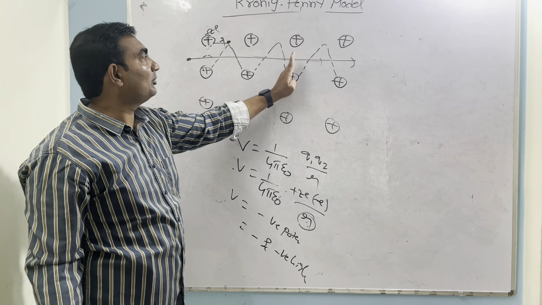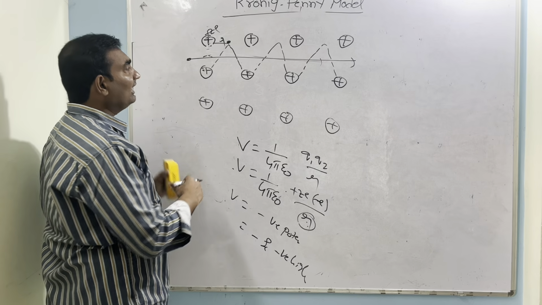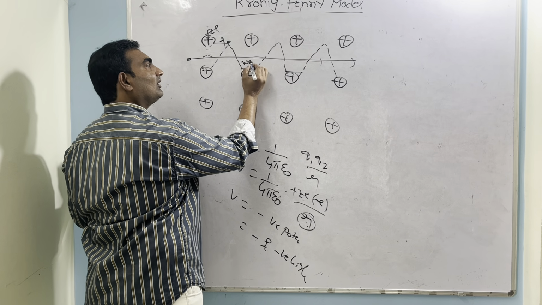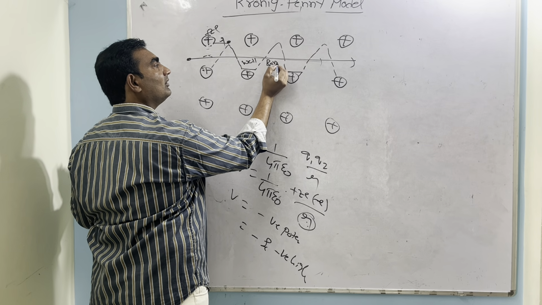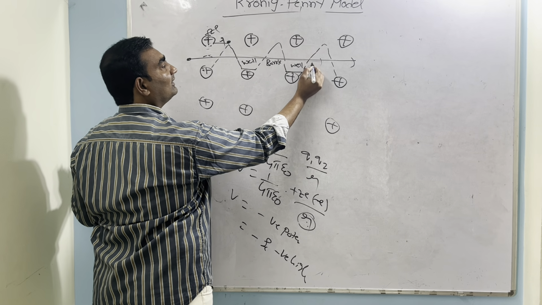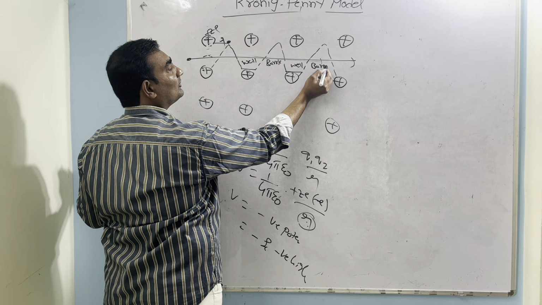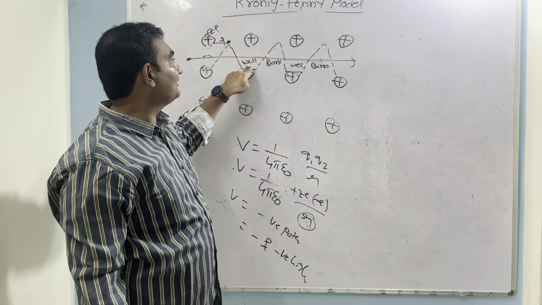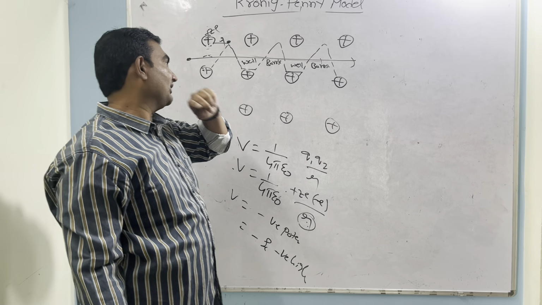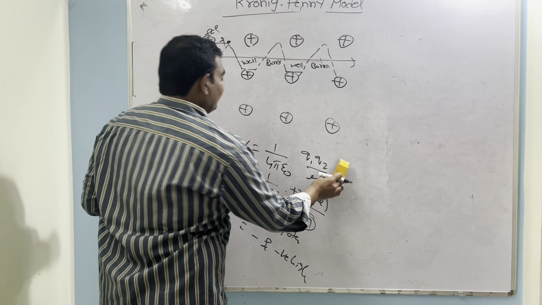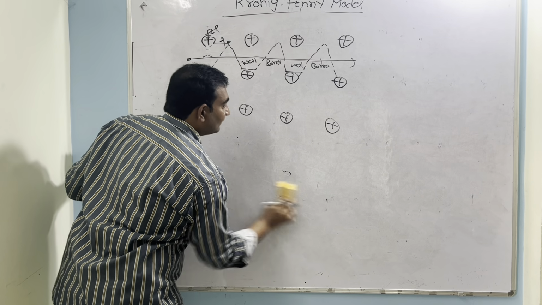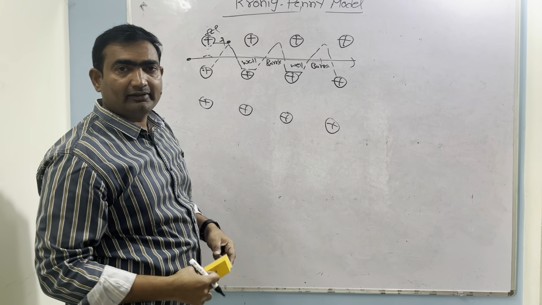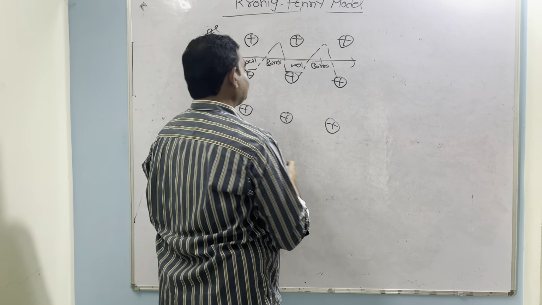If you further simplify this like this, this is called a well and this is called what? A barrier. This is once again a well, and this is called a barrier. So the electron is moving under a one-dimensional well of potential and a barrier of potential. This particular shape of the potential was further modified by Kronig and Penny like this.